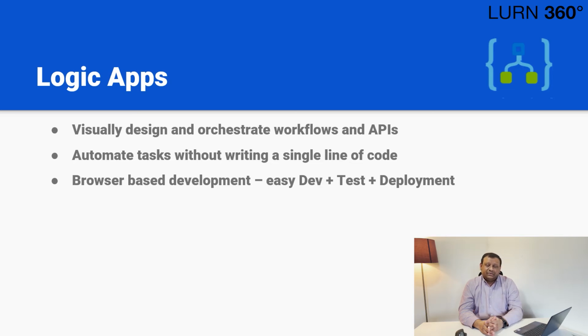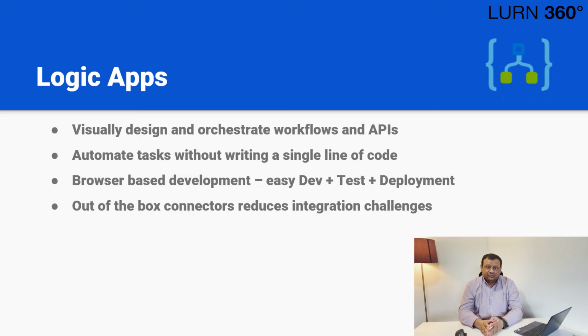Plus, Logic Apps comes with plenty of out-of-the-box connectors to connect to a lot of cloud-based systems. So you don't have to build an API connector. Let's say you want to connect to Twitter, there is a Twitter connector ready for you. You don't need to sign up as a developer with Twitter, and you don't need to find which API to use. Everything is right there, all of the connectors at your fingertips.